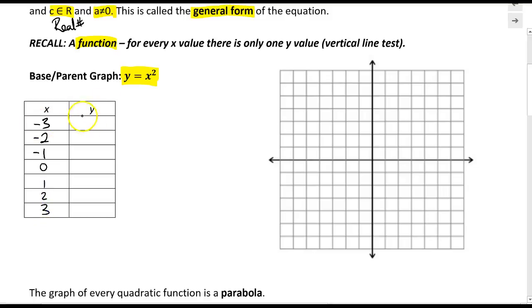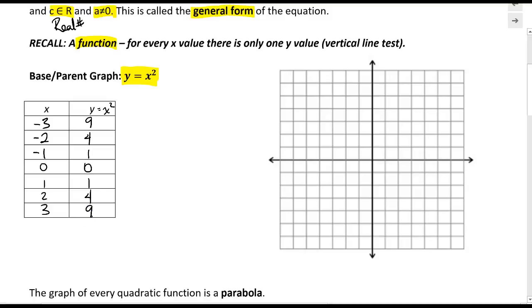If we plug this into the equation, y equals x squared, it's going to take this x term and multiply it by itself. So -3 times -3 is 9. 4, 1, 0, 1, 4, 9.